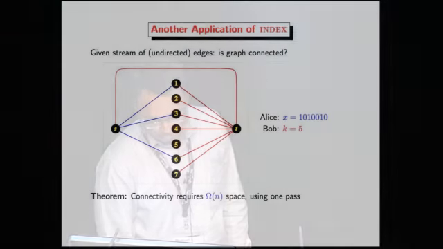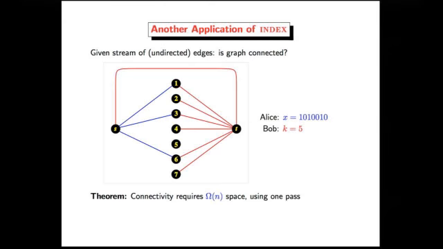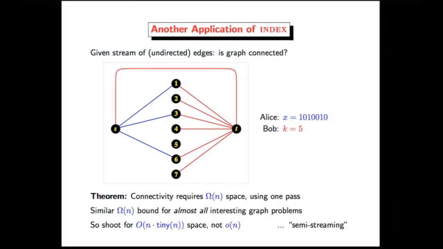You will notice that vertex 5 is disconnected from the rest of the graph, and it is precisely because there is no edge from 5 to t, which is precisely because Alice has a 0 in the 5th position. All right. So this fairly easy reduction shows you that connectivity requires omega n space, at least if you use a single pass. Actually, this omega n is a fairly general phenomenon for a lot of graph problems.